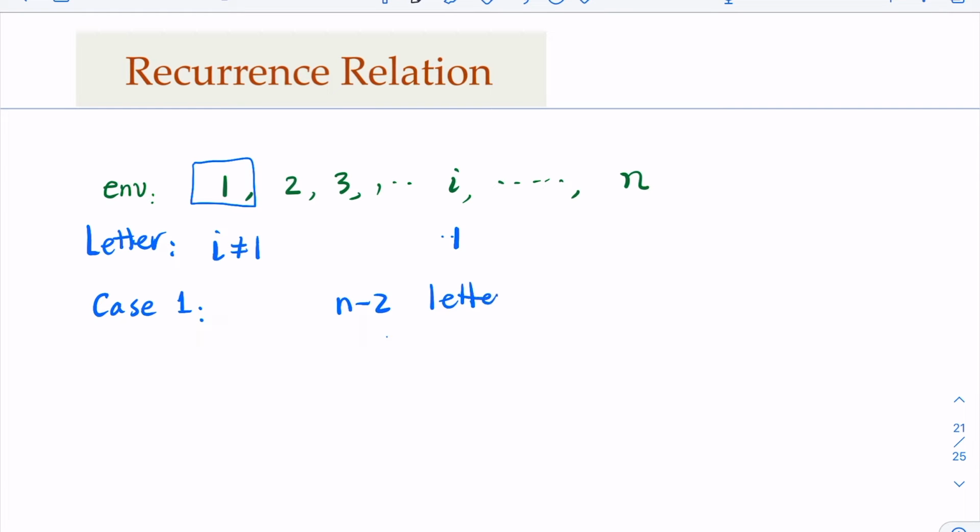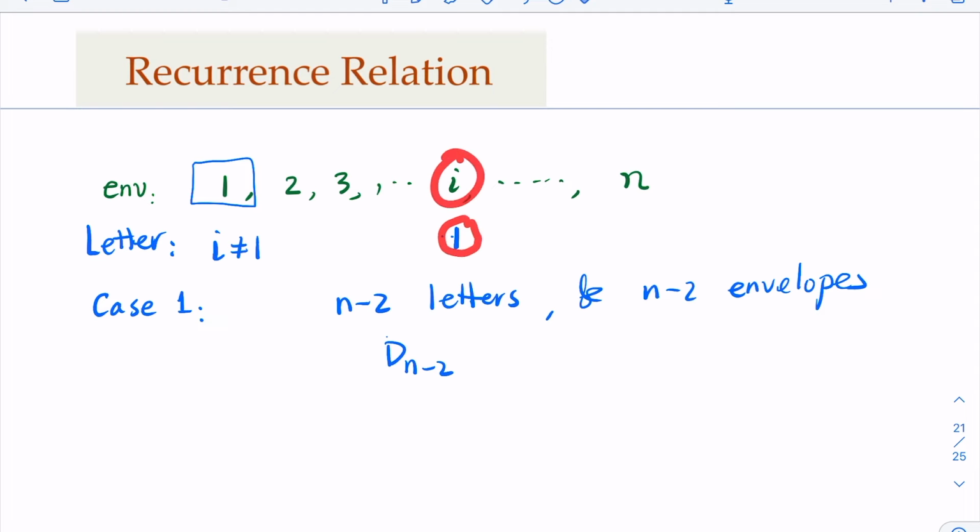That is a subproblem of d sub n-2, so there are that many ways of derangement. So in case number 1, where letter 1 goes to envelope i and letter i goes to envelope 1, you just take these two out and your remaining is another problem, which is d sub n-2. That's straightforward. How about the second case?